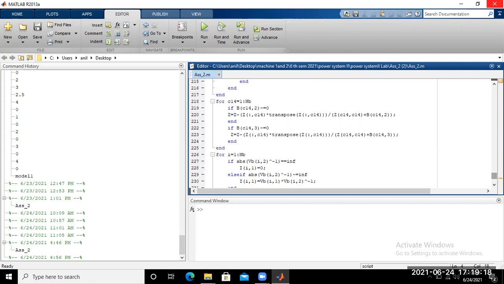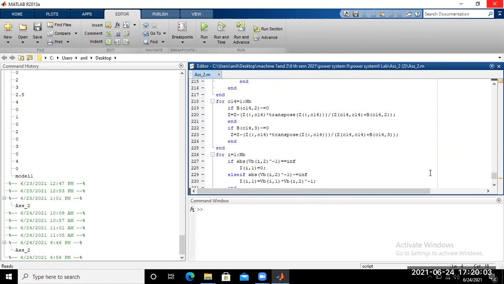Okay. So here for I equal to 1 to number of buses, if ABS VB I comma 2 to the power minus 1 equal to INF, so I comma 1 equal to 0, otherwise I comma 1 equal to VB I comma 1 into VB I comma 2 to the power minus 1.